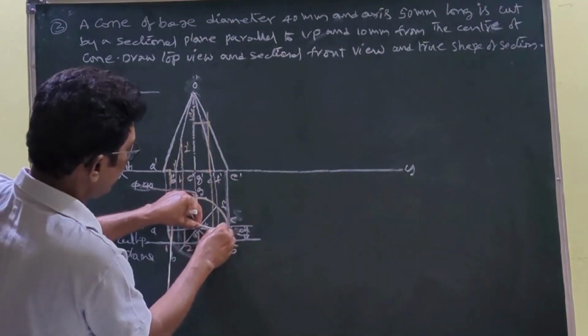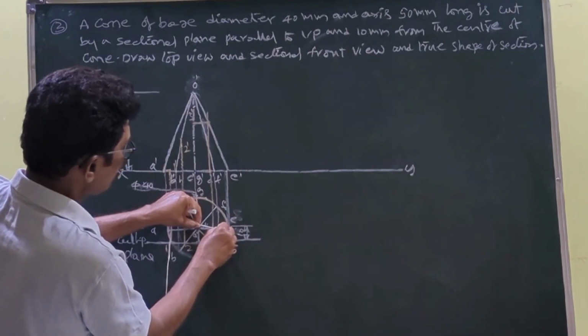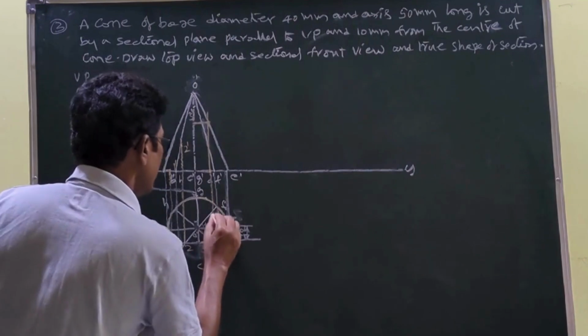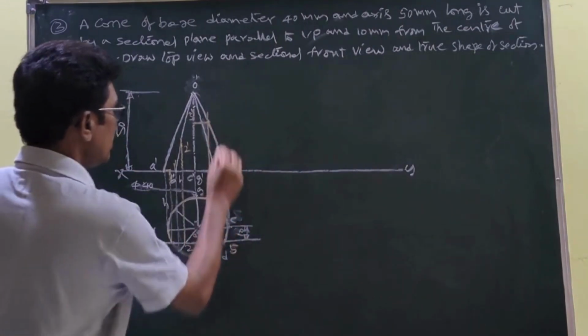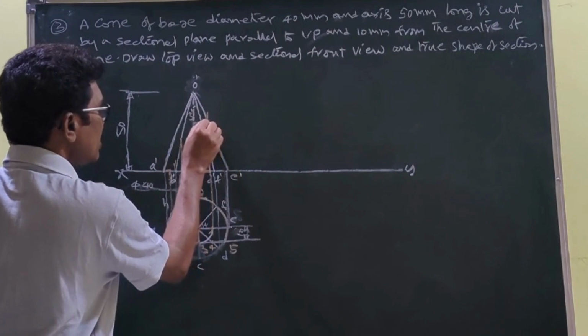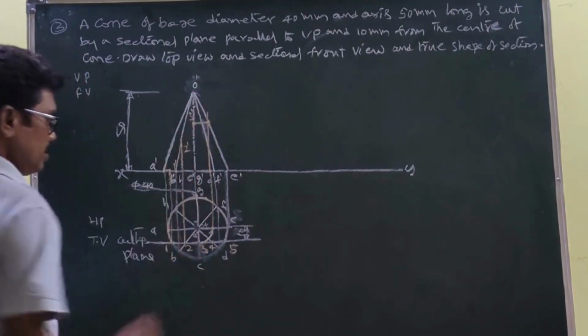You draw an arc until it intersects this horizontal diameter, which is parallel to xy. Then this is the point. From this you draw a vertical line until it intersects the last generator. Understand? Last generator. From that point you draw a horizontal line parallel to xy. This point is 3 dash.